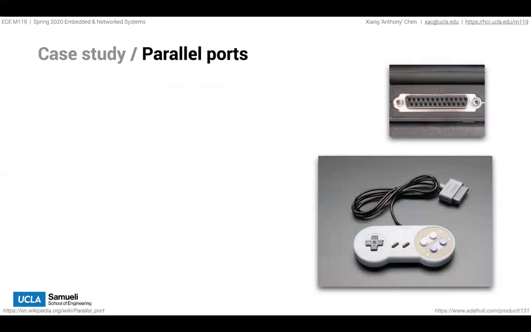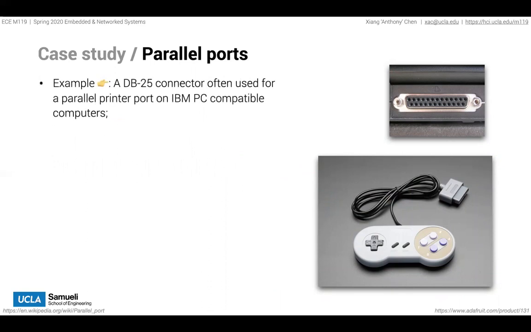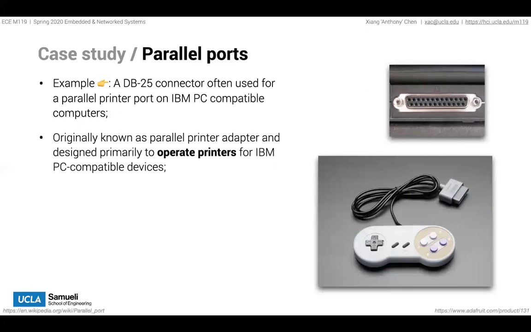In comparison, when you search for parallel ports, you probably wouldn't find many examples. One of the very few is this DB25 connector, often used for a parallel printer port on IBM PC compatible computers. It was originally known as a parallel printer adapter and designed primarily to operate printers.